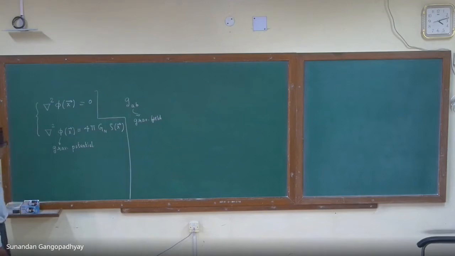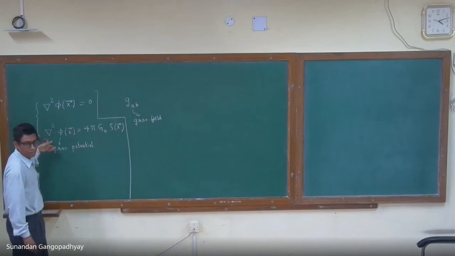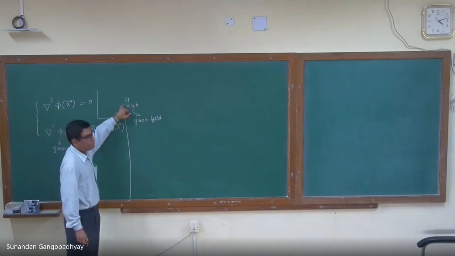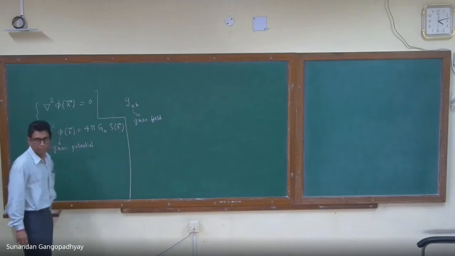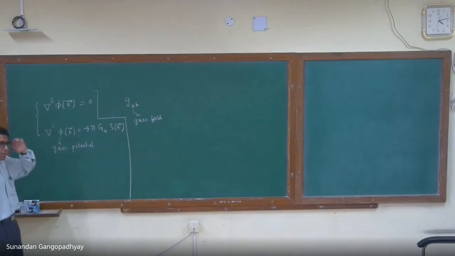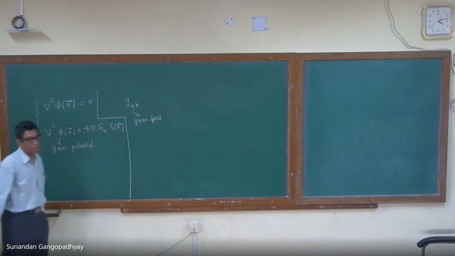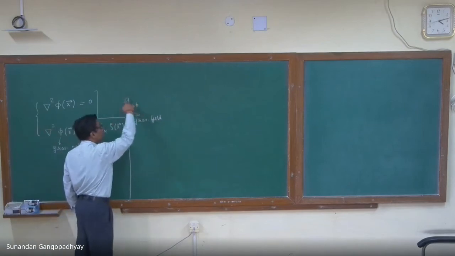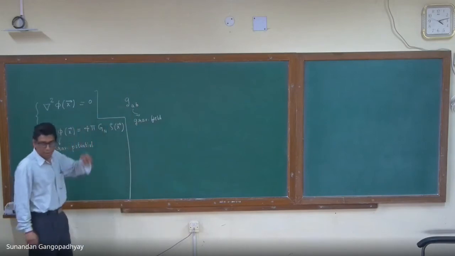First of all, note that this equation is a second order equation, right? In the gravitational field. So obviously, one would expect that if g_mu nu describes the gravitational field, these equations should also be second order differential equations, which in the Newtonian limit will boil down to these equations. And how many equations will be there? What is the number of equations that one would expect?